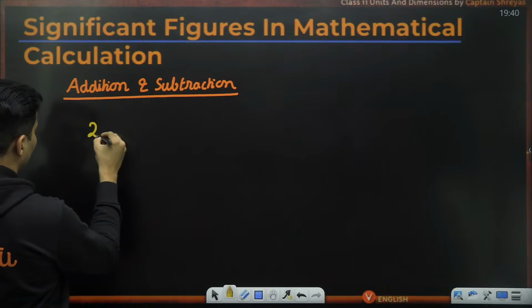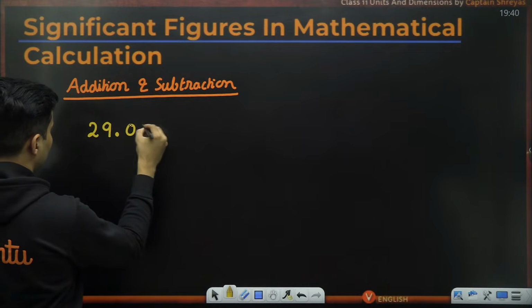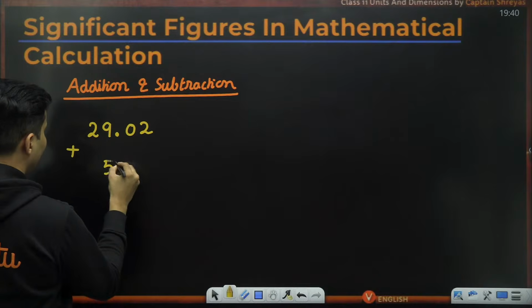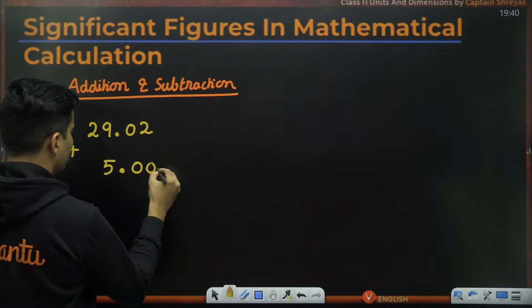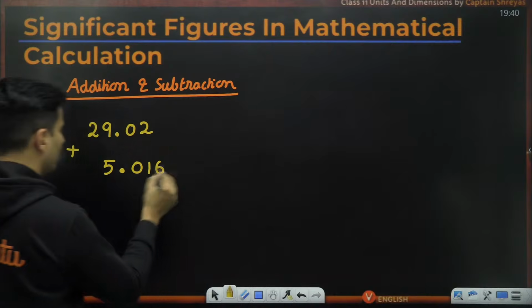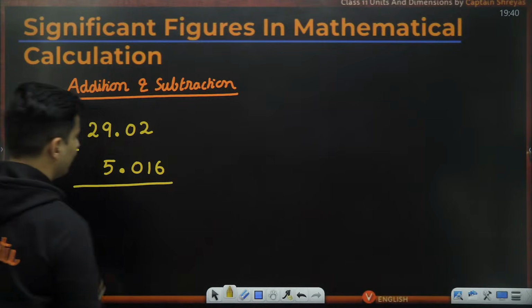Let's say you have 29.02 plus 5.016. I want to find that.